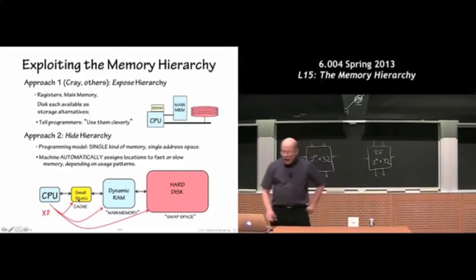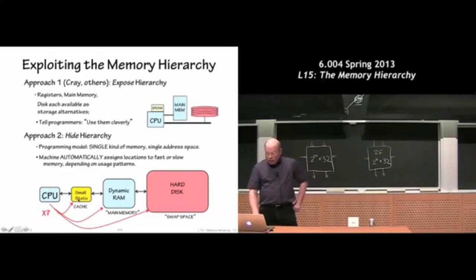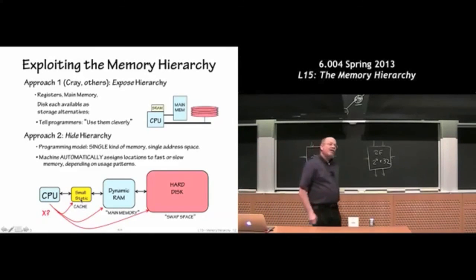In the chips that you have, there are actually 3 levels of yellow boxes: increasingly larger caches, each slower by about a factor of 2, and there's a stack of those before you get to main memory. So this hierarchy idea really works, and we've done a lot of engineering in modern chips to deliver it to you in the most tasteful form. For our purposes, we're going to imagine a single layer of yellow box.